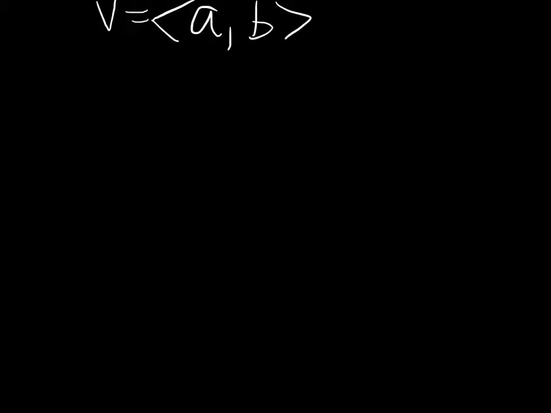It can be written also as a times i, the cursive i, plus b, the cursive j. If you're in AP physics or pre-AP physics, you might have already learned this. This is called the linear combination.